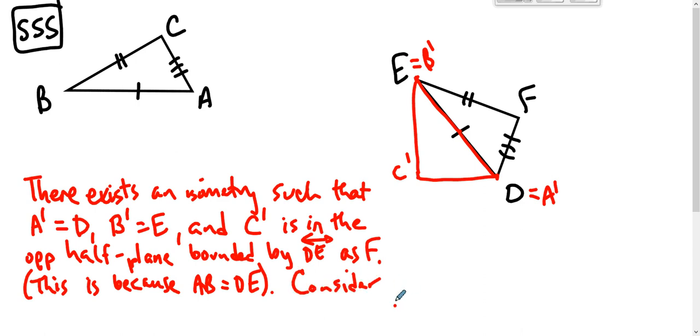Consider the reflection in line DE of triangle DEC prime. So the goal is to show that when C prime is reflected in line DE, it lands on F. That's the goal. We remember that those are the congruences.